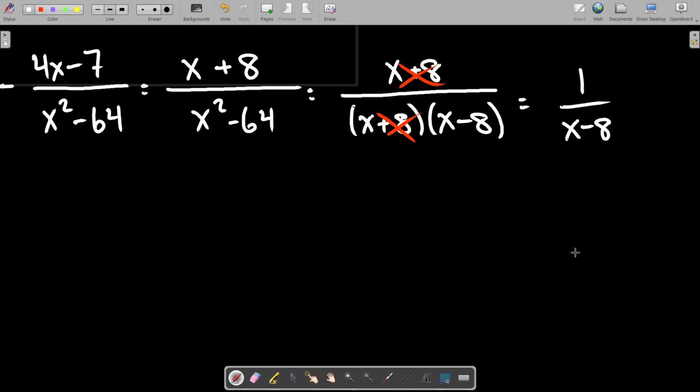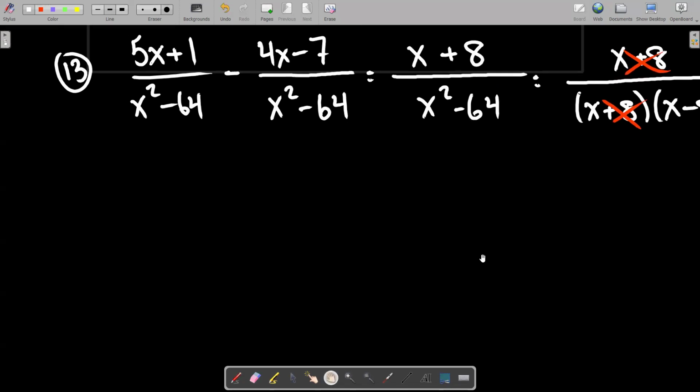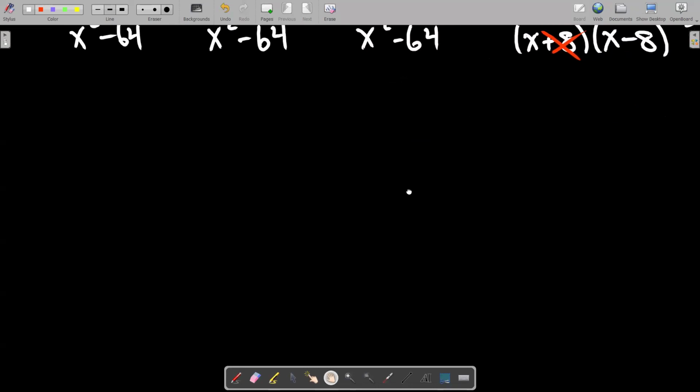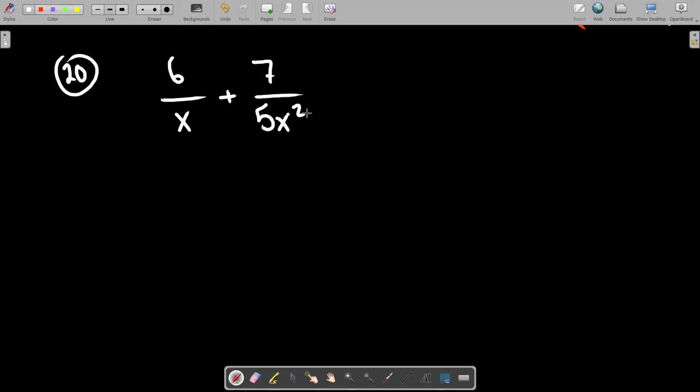So that heads us on to the next section, and the first one I want to do out of that is problem 20. So this is where the lesson really starts.